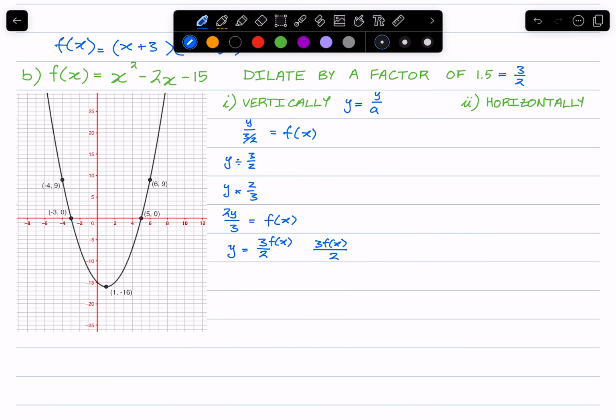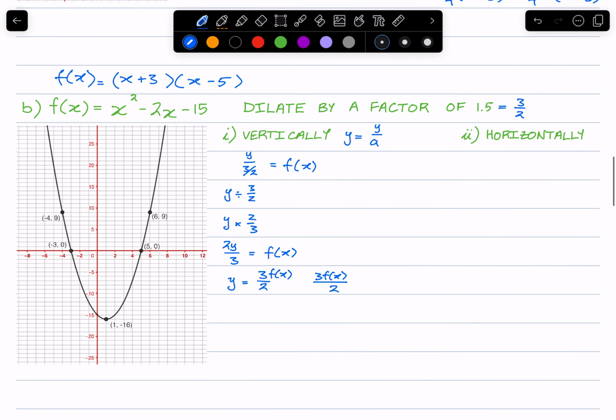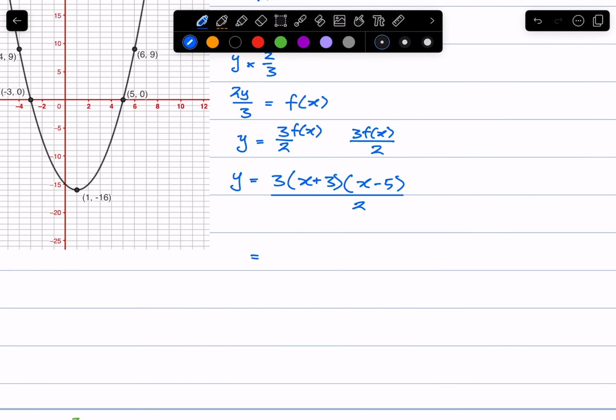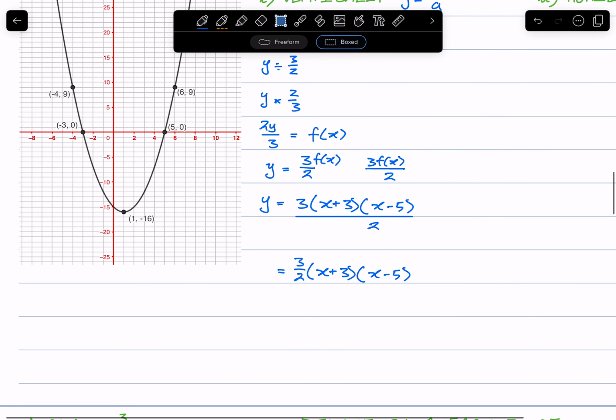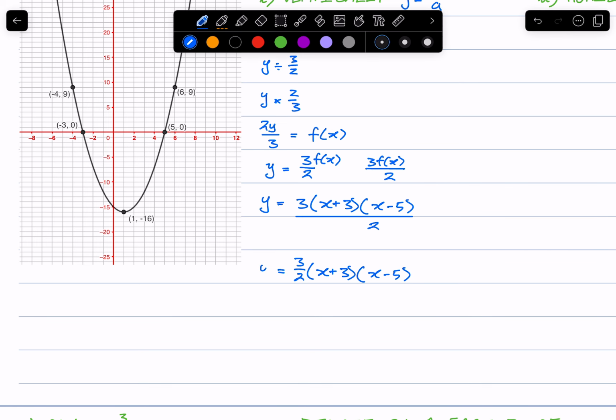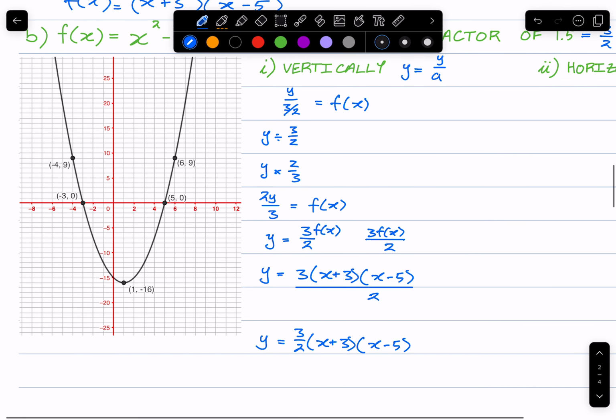So for this, writing this out using this one, we can simply write this as y equals 3 times x plus 3, x minus 5, all over 2. Or we could write it as 3 over 2 times the two groups. You could expand this, but it's already factored for us, so we may as well just leave it like so. So now, that is how we have done it algebraically.